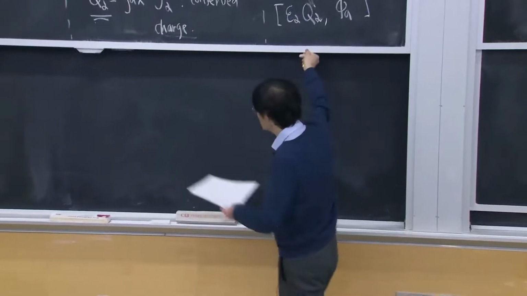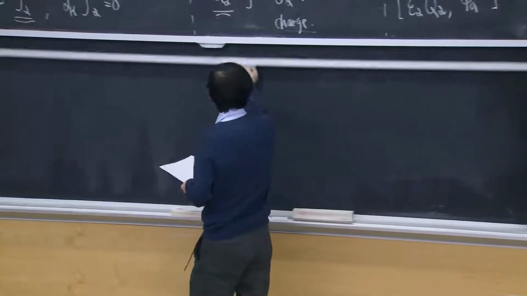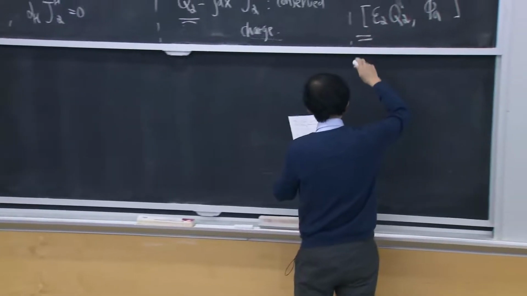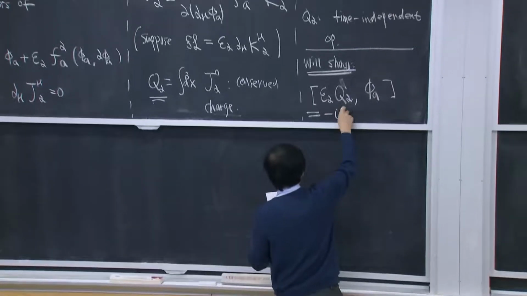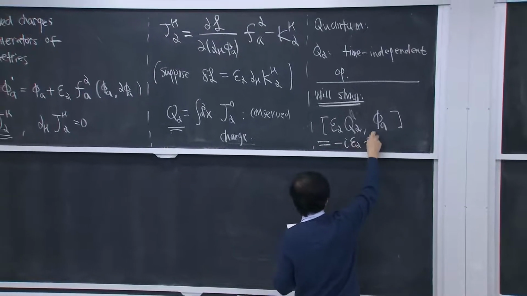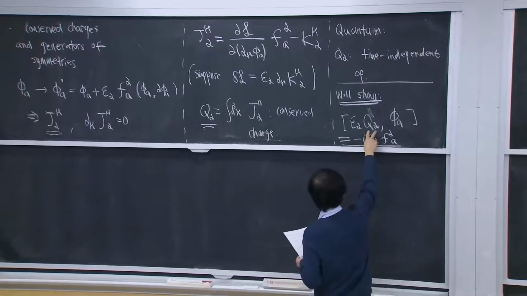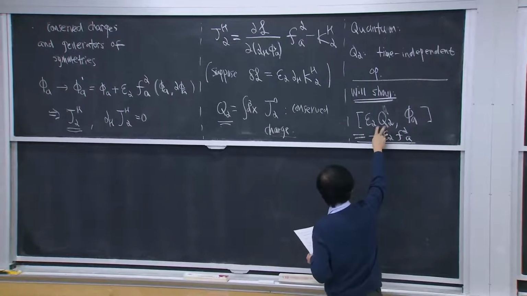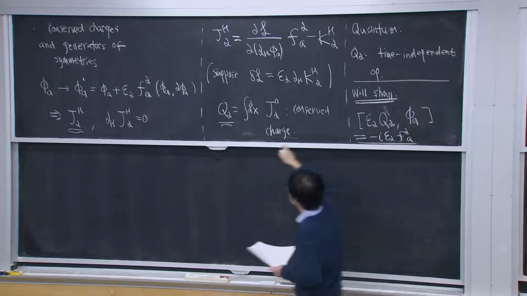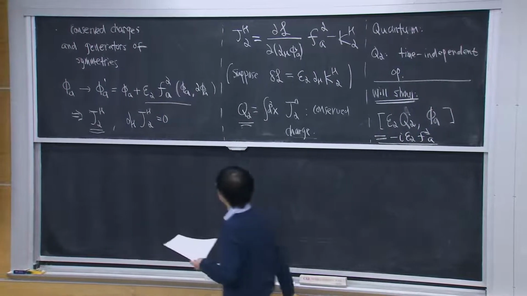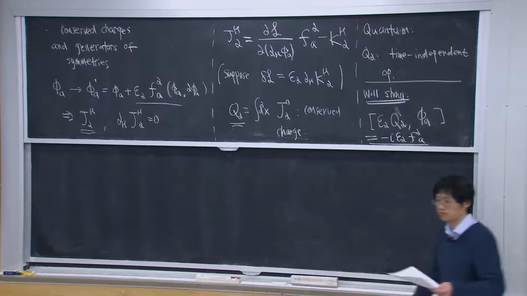That generates minus epsilon alpha F alpha A. So the commutator of Q alpha, epsilon alpha with phi A essentially generates this infinitesimal transformation.